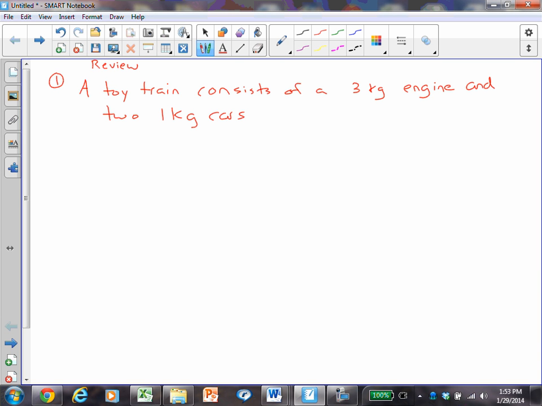What, that interaction? Yeah, well, it has to do with something. But 1-kilogram cars. The tension between the engine and the first car is 40 newtons.